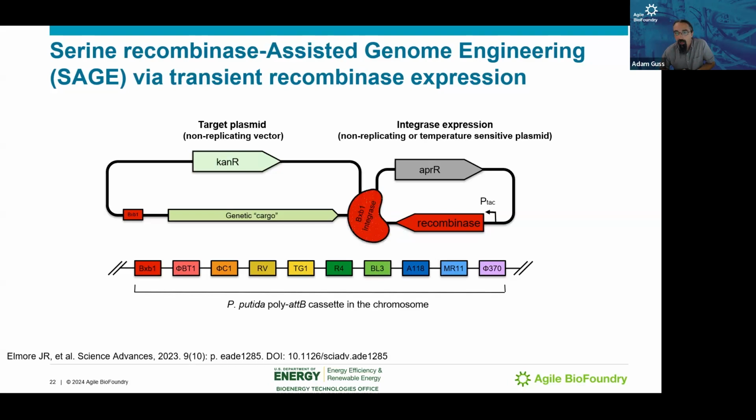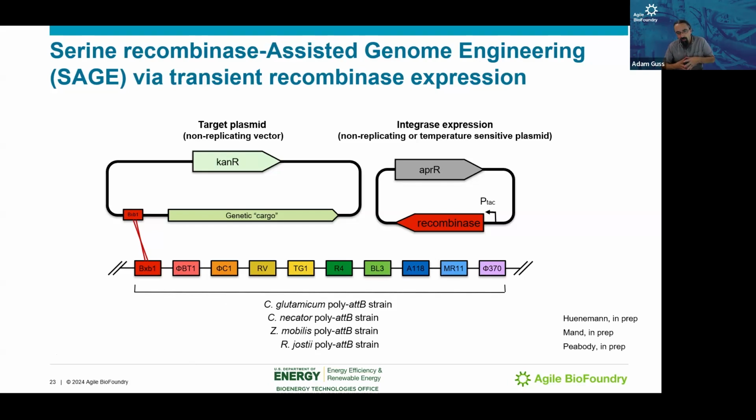Next, you then get transient expression of the recombinase, which then goes over and inserts your cargo plasmid into the chromosome. This works very, very efficiently. And so it's a very simple and efficient way of inserting DNA into the chromosome. It works just as well as transforming plasmids, but instead of replicating autonomously at multi-copy and all the challenges that come along with that, instead it stably inserts it into the chromosome.